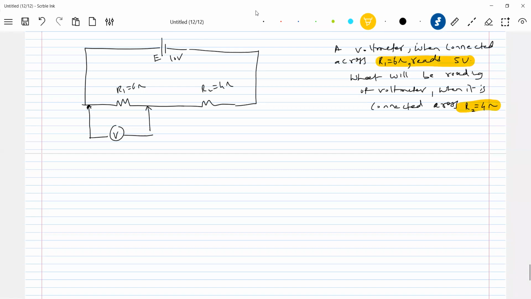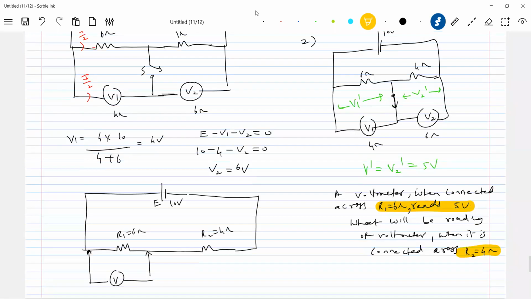He didn't mention the type of voltmeter, no? Is it ideal or practical? I think we should really look at the condition here. Let's go back to the basic thing.